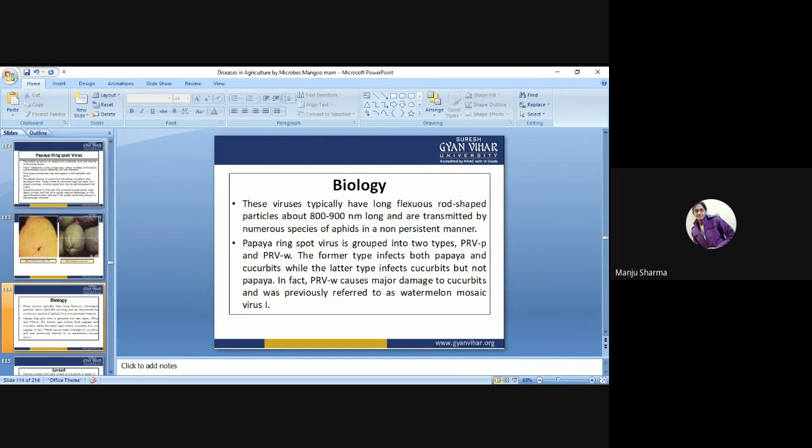The former type infects both papaya and cucurbits, while the latter type infects cucurbits but not papaya. In fact, PRSV-W causes major damage to cucurbits and was previously referred to as watermelon mosaic virus.